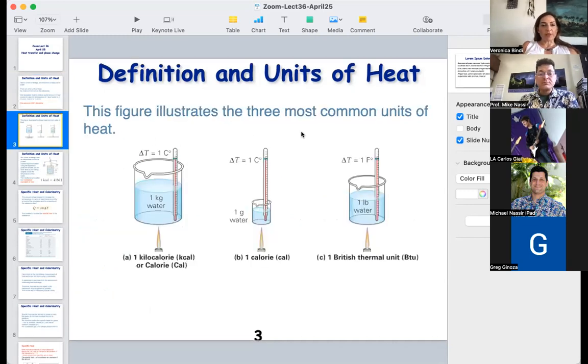Now here the figures illustrate the 3 most common units of heat. So we have 1 kilocalorie, defined as the heat necessary to increase the temperature of 1 kilogram of water by 1 degree Celsius, or you have the calorie, 1 calorie, or we also have the British thermal unit, but we don't use that one.